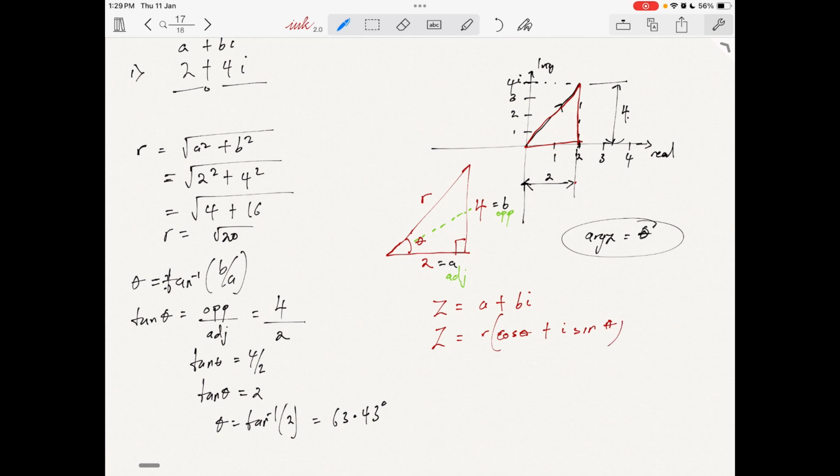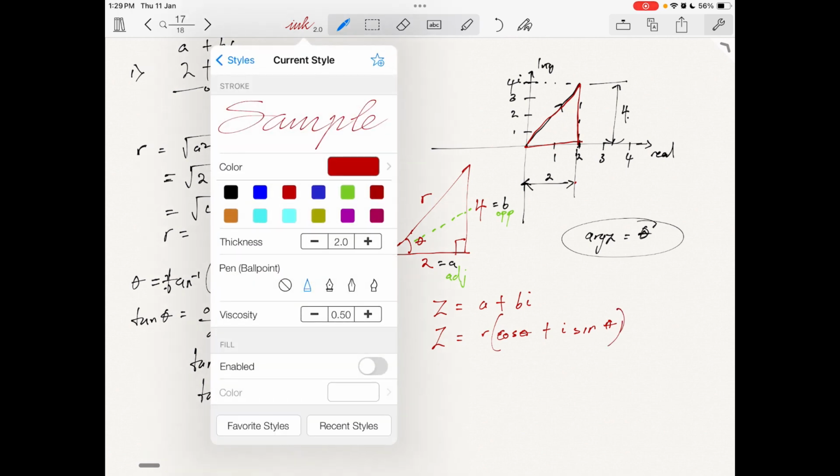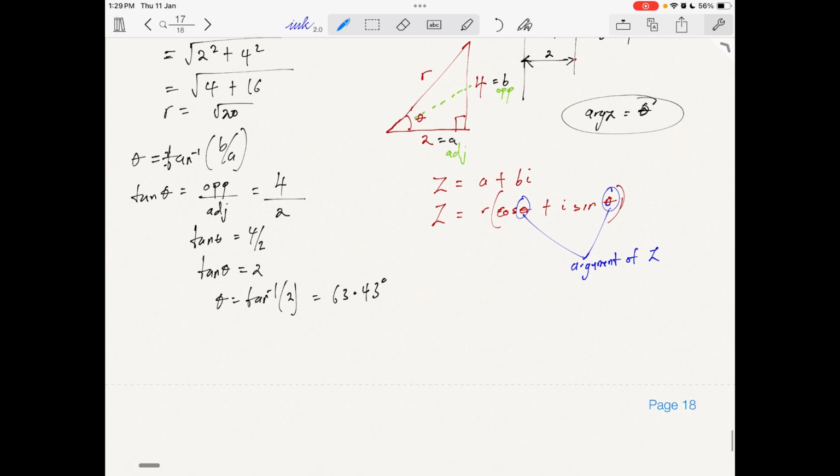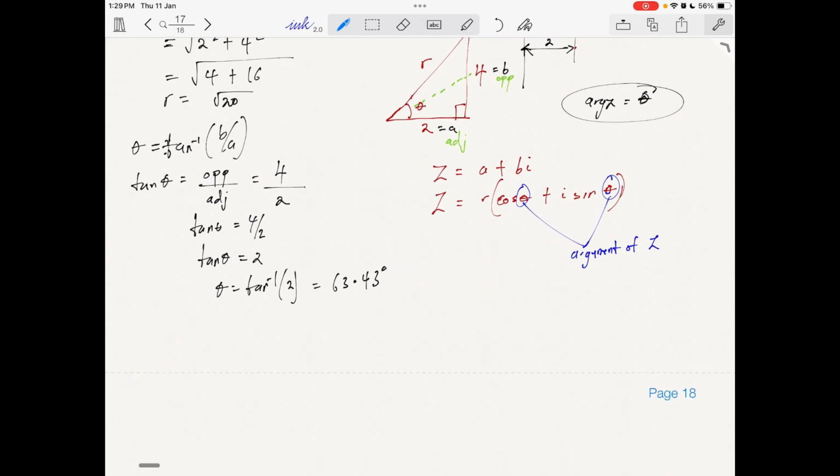Now, a quick thing to note: whatever theta we are inputting now will be the argument of z, because this system works only for the first quadrant where theta is equal to the argument, but then we begin to advance. So let's input it.